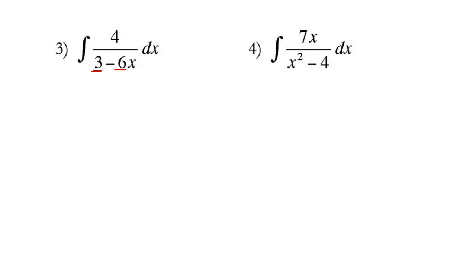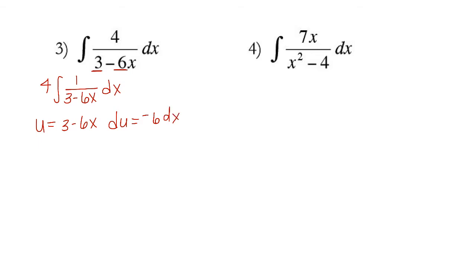Either way should be fine. If we keep with our way that we've been doing, we would have 4 times 1 over 3 minus 6x dx. And again, we want that 1 over x format, so we're going to let u equal 3 minus 6x. So du is negative 6 dx.